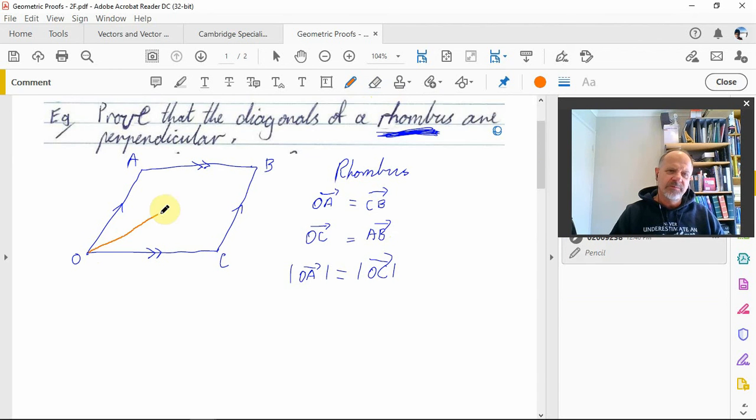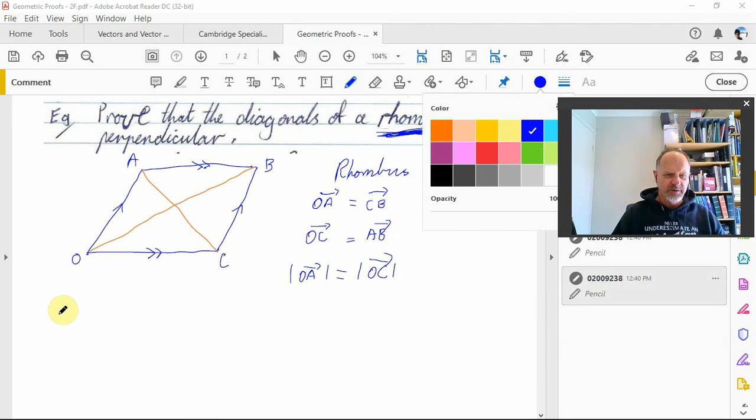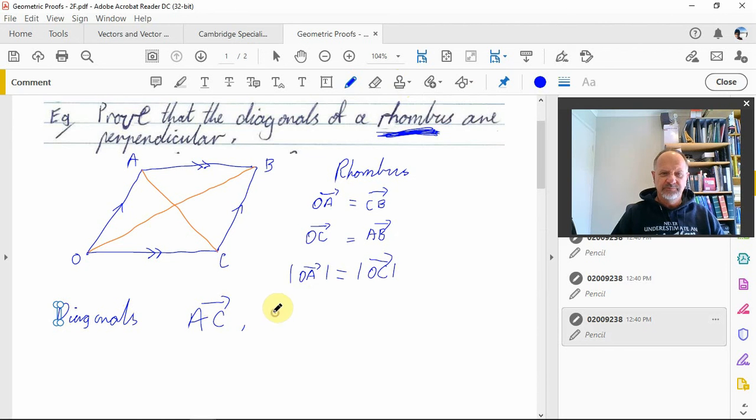Here's our diagonals. So our diagonals are AC and OB.